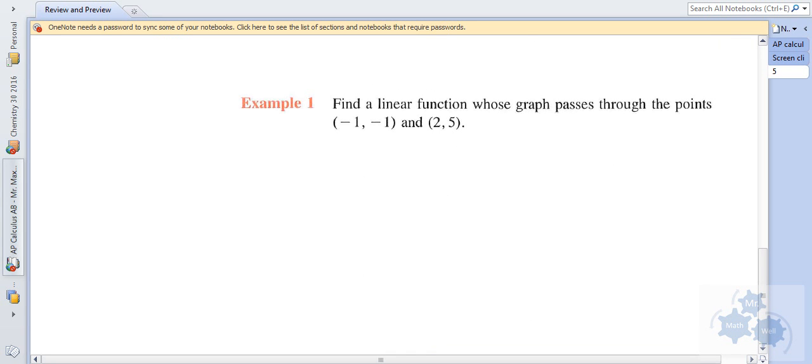So if we have 2 points here, and one is at -1, -1, that's right there. The other one's at 2, 5. Then we're trying to find a linear function that represents that.